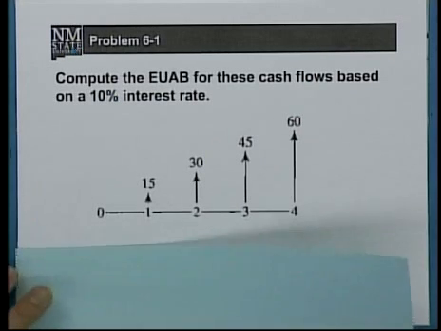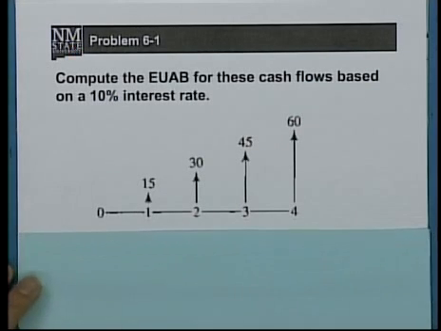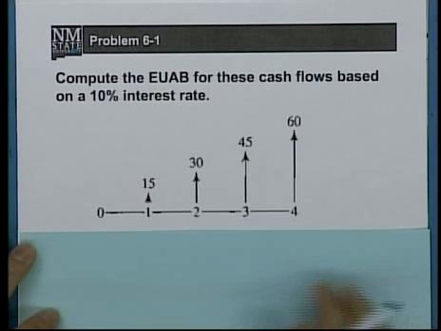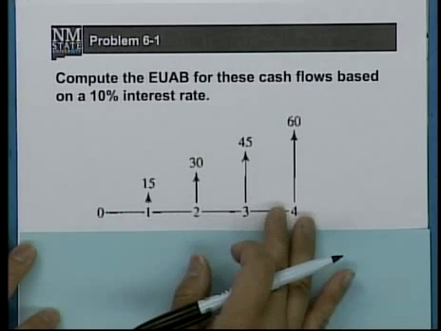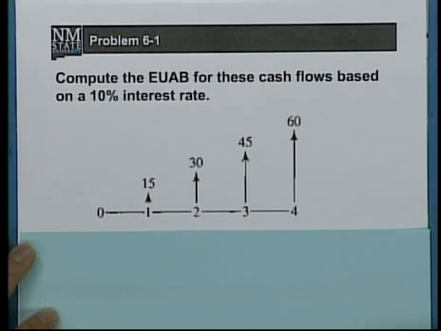So this given cash flow can be broken into two components, one for the uniform annual series and another for an arithmetic gradient series, right?